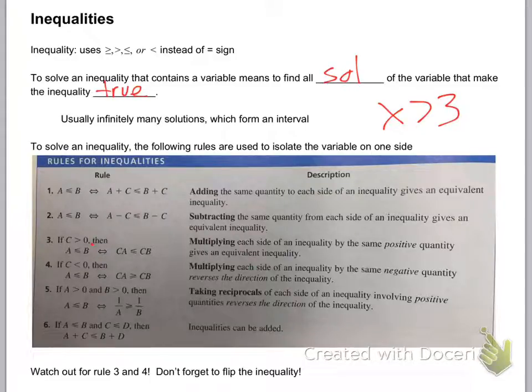And one that is interesting here is taking the reciprocal. If I had a fraction is greater than or less than another fraction, and you can see that the variables are on the bottom, we could flip them to the top, or if they're on top, to the bottom. But when you do that, you also need to flip the inequality. Because think of this.